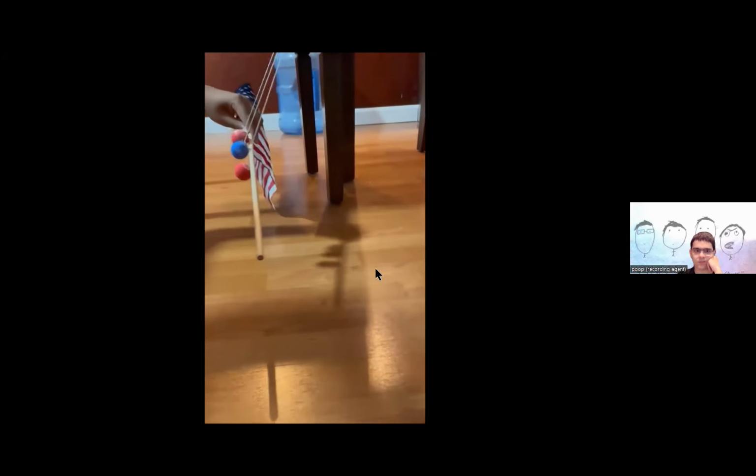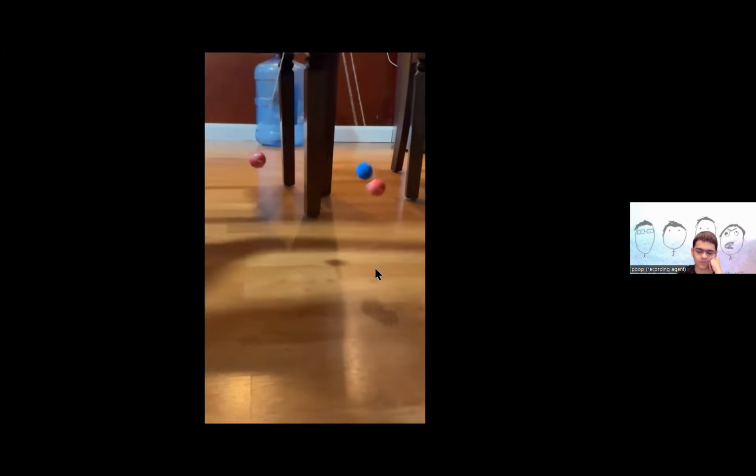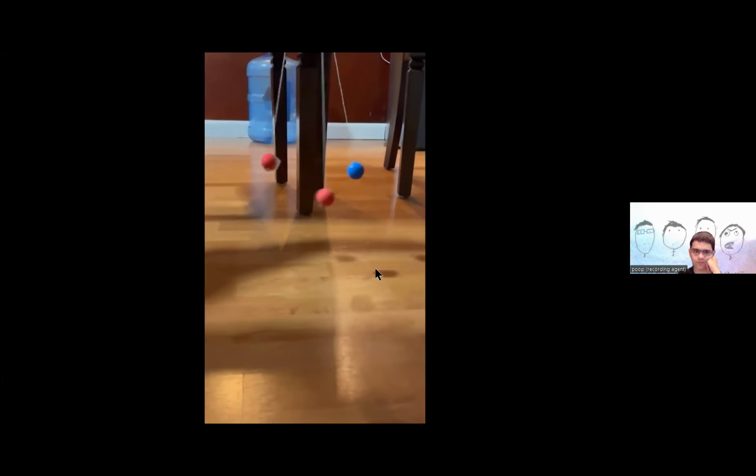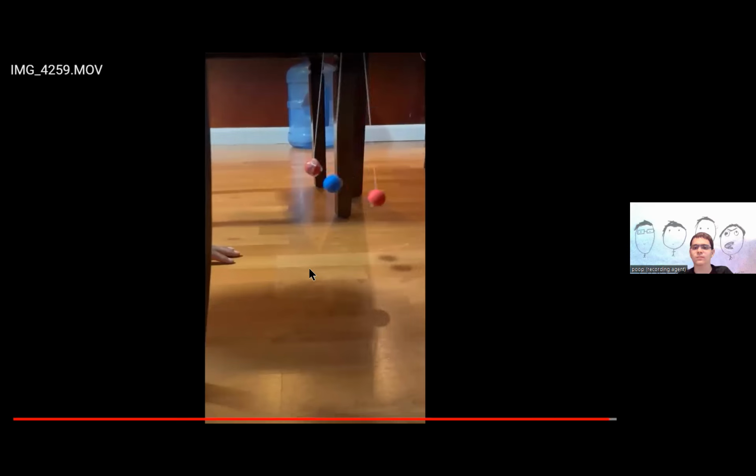Just push it back and wait for it. The front one is more harmonic than the back one, probably because of the length. I accidentally altered the lengths and put them at different distances. Anyway, that's it. Bye.